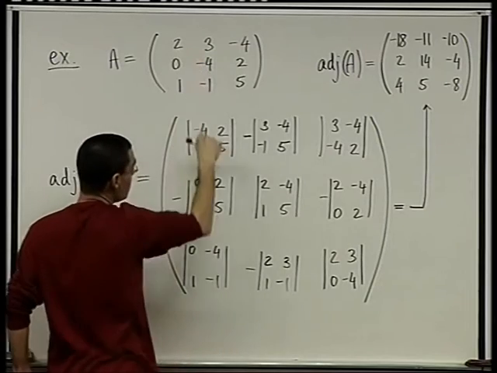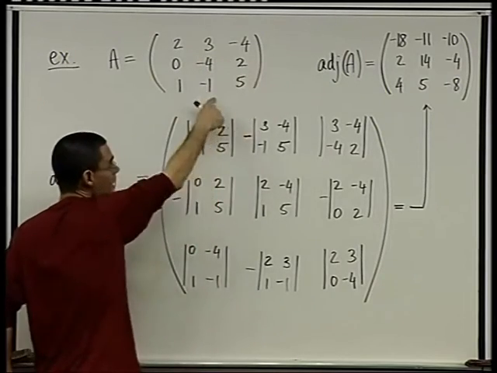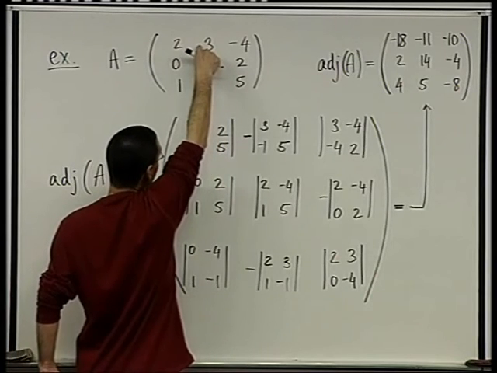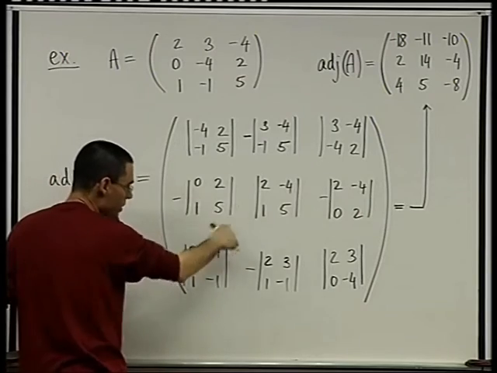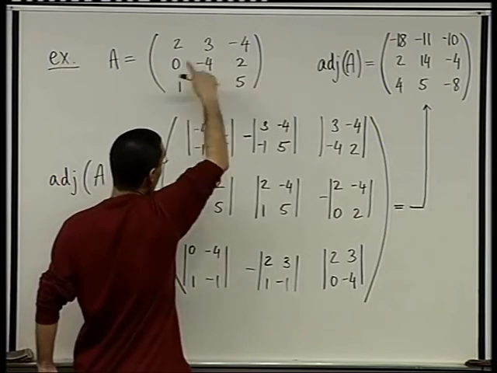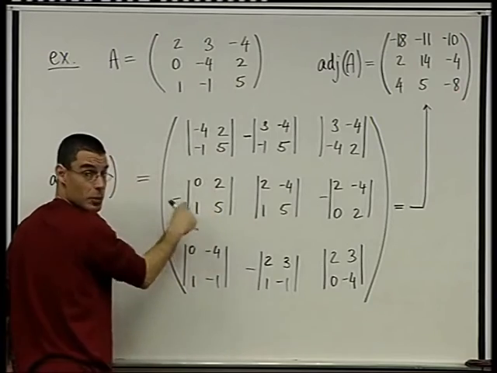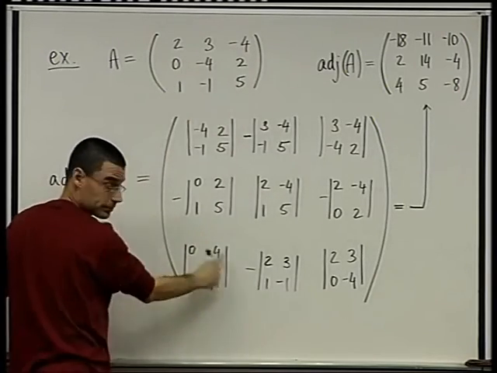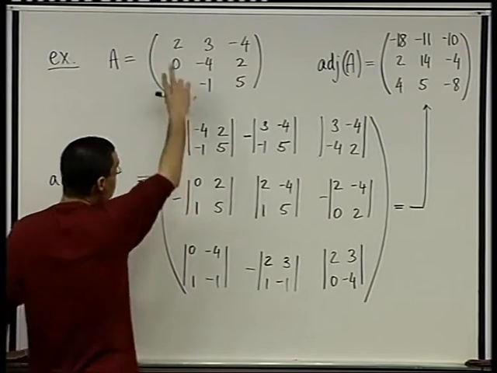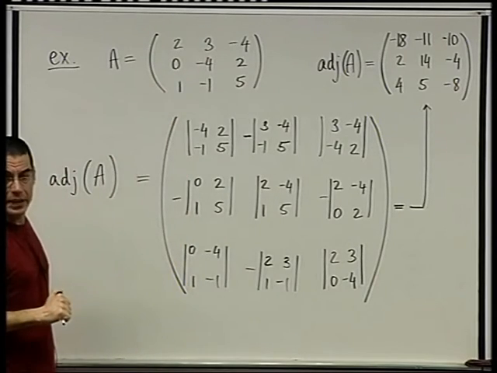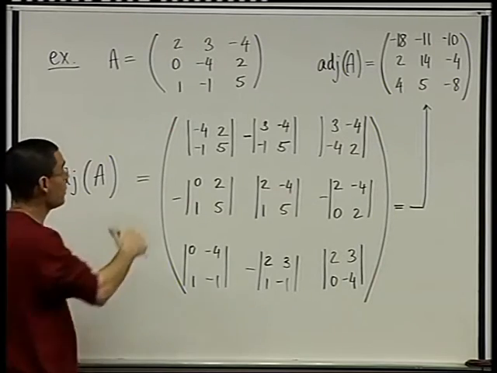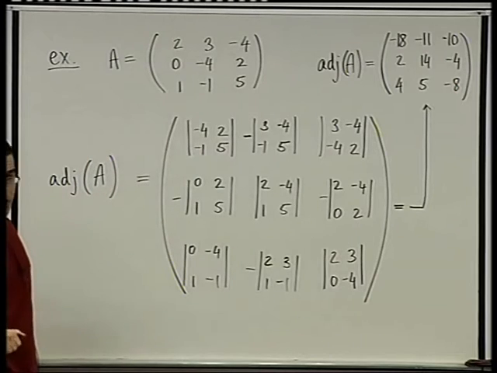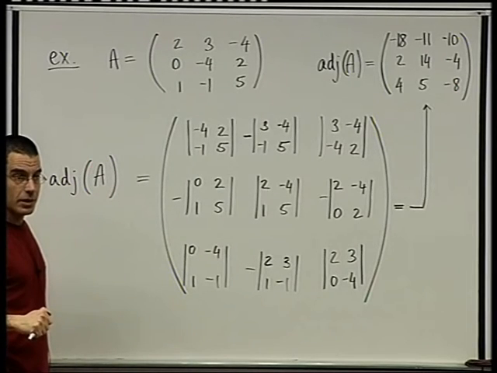You have 2 times this, which is precisely the corresponding minor, plus 3 times this, which is precisely the corresponding minor, right, with a negative sign, minus 4 times this minor. Do you see that? And this is precisely the determinant of A, right? That's how we calculate a determinant. We choose a row and multiply the entries times their corresponding minors with interchanging signs. Do you see that? Okay.